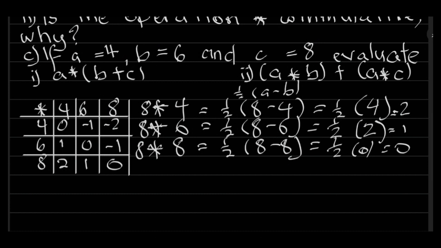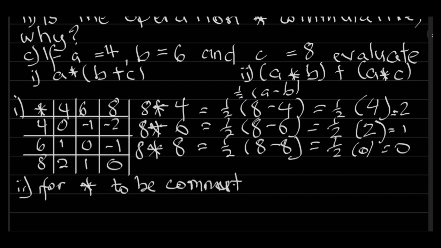Now for star to be commutative, A star B should be equal to B star A. So if we look at it, 4 star 8 gave us negative 2, but 8 star 4 didn't give us negative 2.